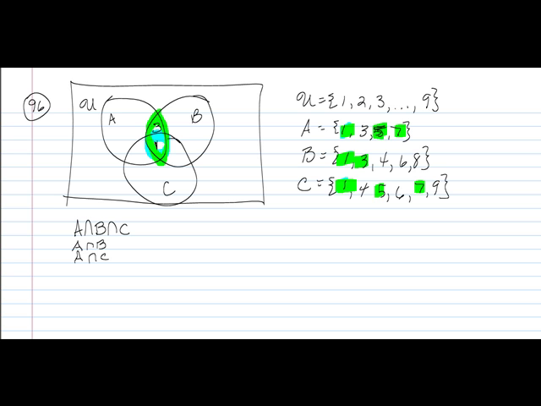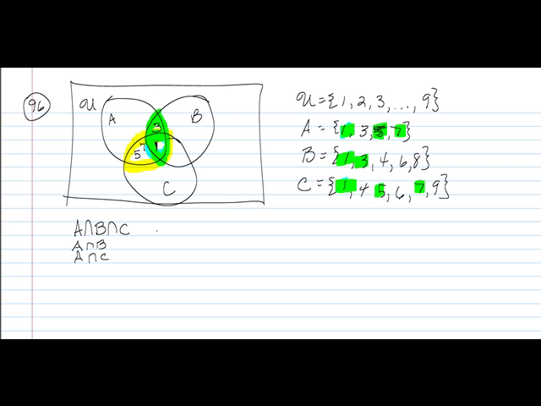A 1, 5, and a 7. So as we look at A intersects C, that is that eye-shaped region. What they have in common is 1, 5, and 7. We've got the 1, so we need the 5 and the 7.